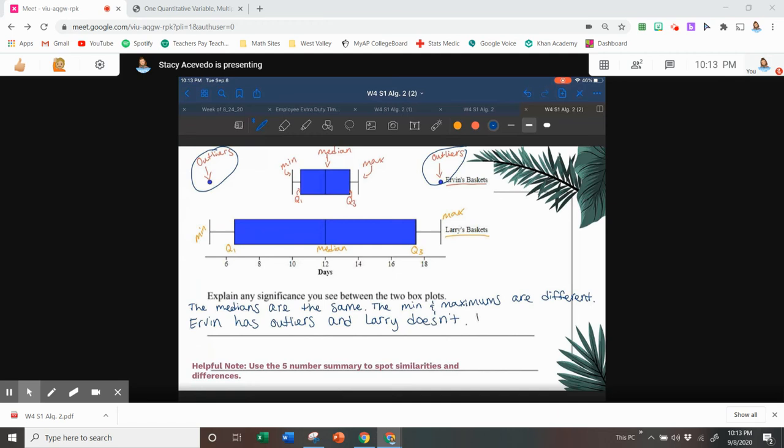And then the IQR, meaning quartile 3 minus quartile 1, for Larry and Ervin are different as well.